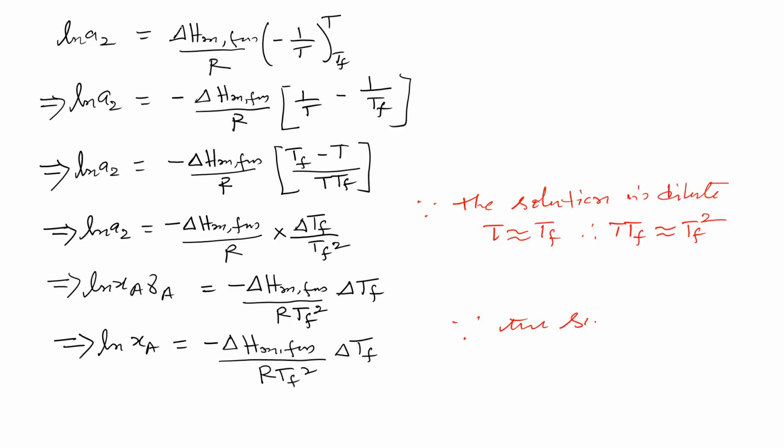So activity coefficient 1 means it is log A into B, log A plus log B. So log A means ln XA plus log B will be 0. So this is equal to minus delta Hm fusion, latent heat of fusion per mole, divided by R TF square into delta TF. Delta TF is the depression of freezing point.